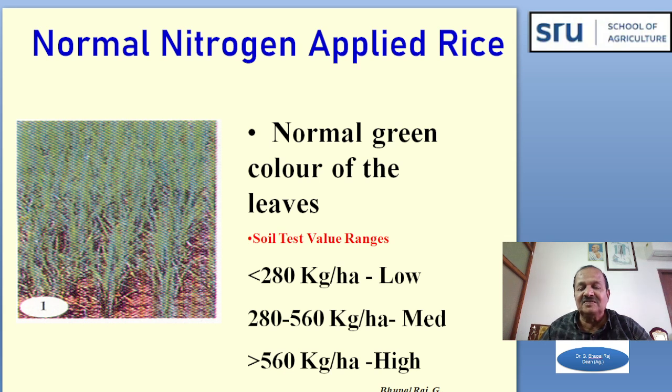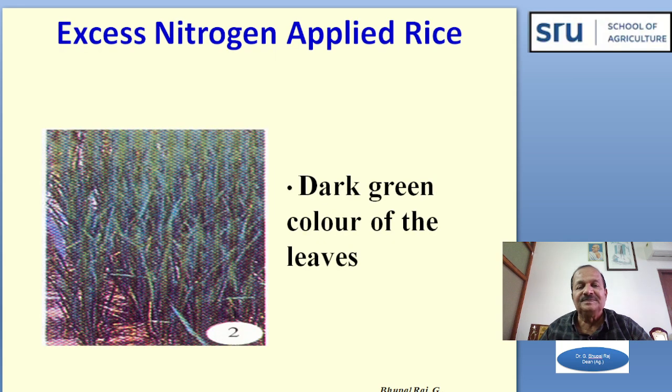For example, if soil is having less than 280 kg of nitrogen per hectare, that is low, so we have to use 25% excess of the recommended dose of nitrogen. If soil contains more than 560 kg nitrogen per hectare, we should not use the nitrogen fertilizers. So this is the basis for the nitrogen recommendation based on the soil test nitrogen values.